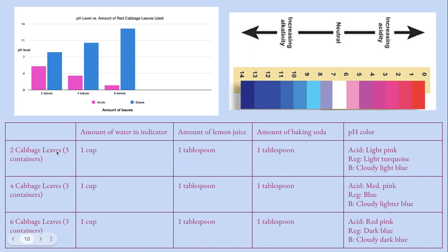So the 2 cabbage leaves had a light pink color, a light turquoise, and a cloudy blue. 4 cabbage leaves, it's kind of the same thing, just a little bit darker. And then 6 cabbage leaves, medium pink goes to red pink, blue goes to dark blue, cloudy lighter blue goes to a cloudy dark blue. So just what we saw in the time-lapse video.